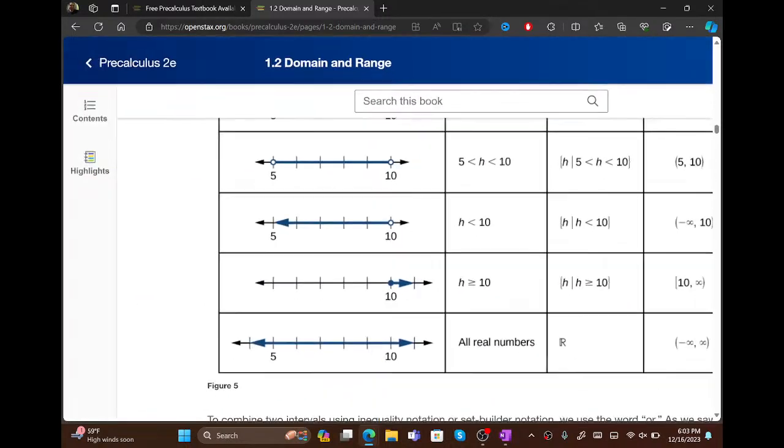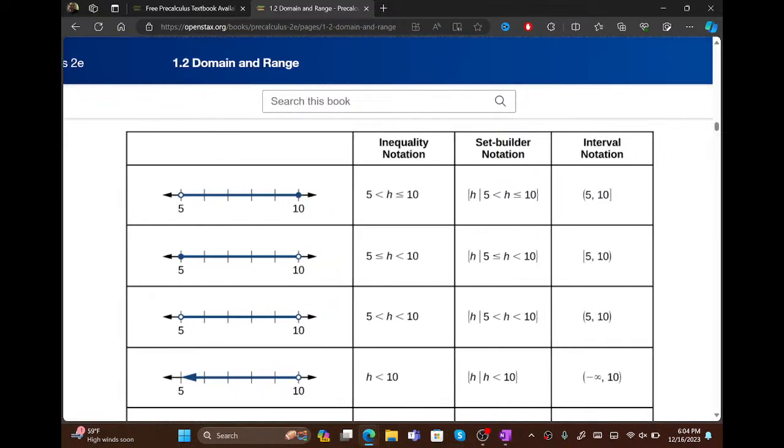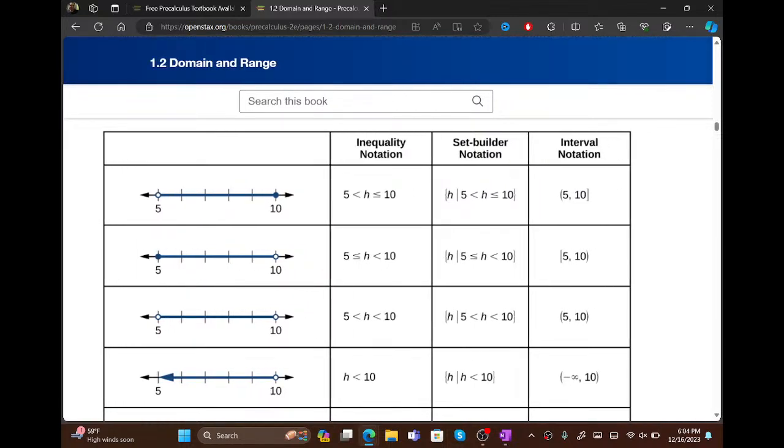Now, this is where set builder notation comes in. Obviously, we already went over interval notation. I'm not really going to spend too much time with this. Set builder notation is really what I was referring to when we were doing domain and range. You can represent that in set builder notation, but only if they ask you to do so.